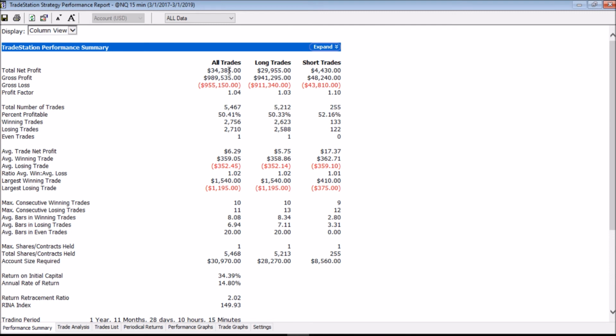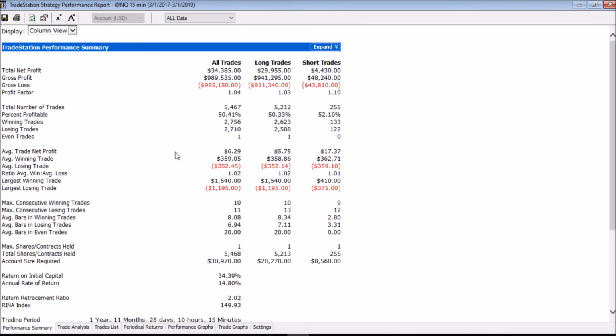This is calculated based on a $50,000 initial principal. And we made this trading one contract, using only $8,560 margin. So we've made on that money $34,000, just to give you an idea of how robust the system is.